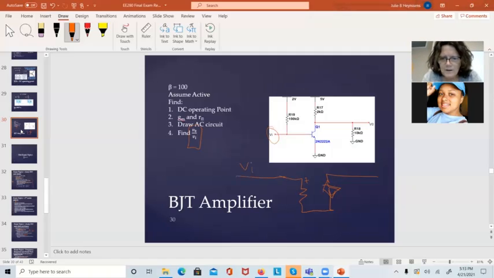So VN over VBE, and this is grounded, is going to equal 1, or VBE over VN equals 1. We just leave it as a variable because it's tied directly in there.